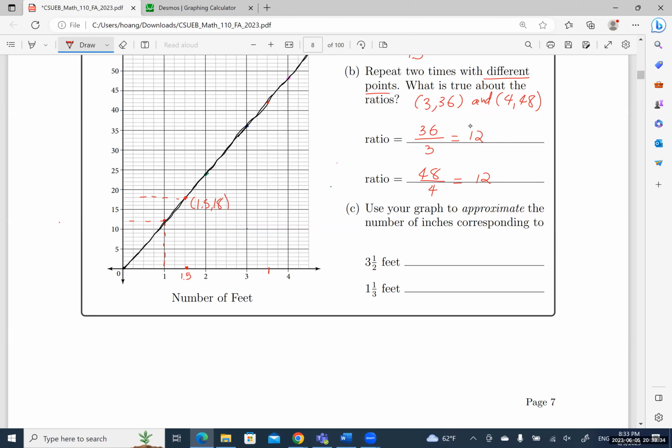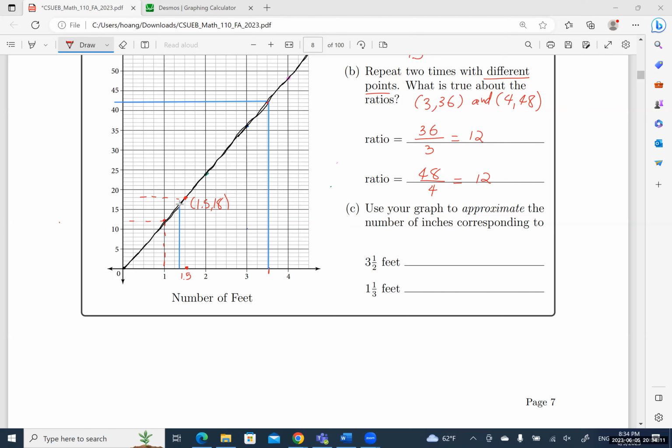So if I use a graph, 3/2 is supposed to be here, and I estimate it. I would say it's about 42 inches. And 1/3, right? 1/3 is around here.